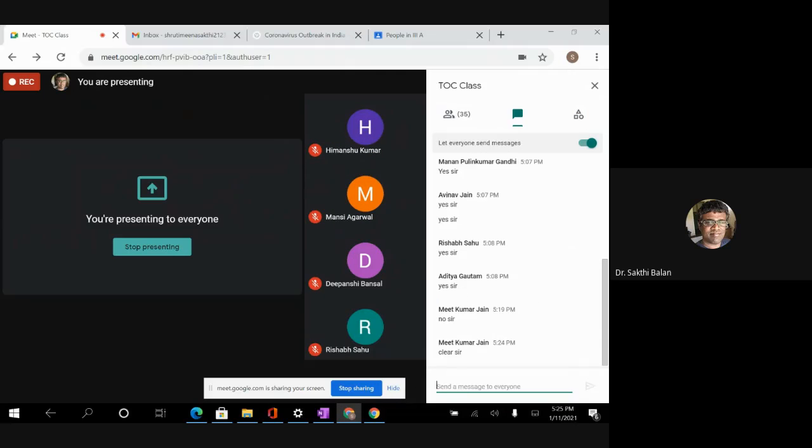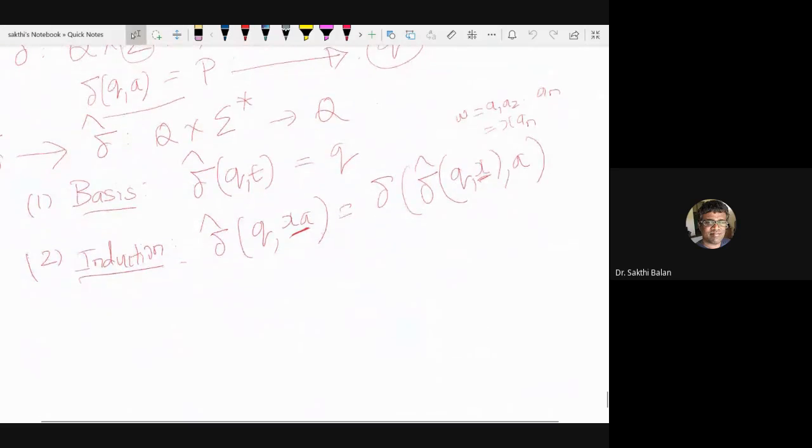Okay, fine. So let me continue then. Now we can define formally what we mean by the language accepted by the finite automata FA.